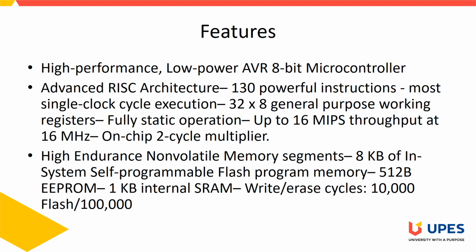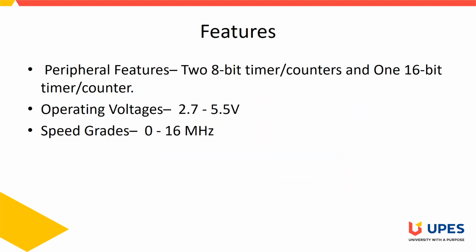It has a high endurance non-volatile memory segment of 8 KB, inbuilt self-programmable flash memory, then 512 bytes of EEPROM, and 1 KB of SRAM. It has high endurance because it can support a read-write cycle of 10,000, and the flash supports a read-write cycle of 1 lakh.